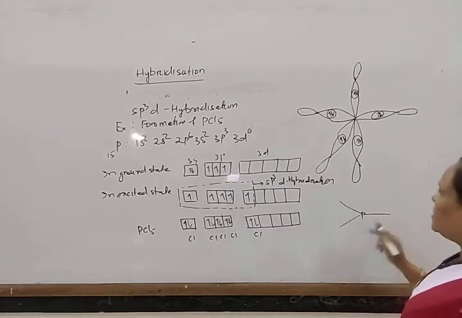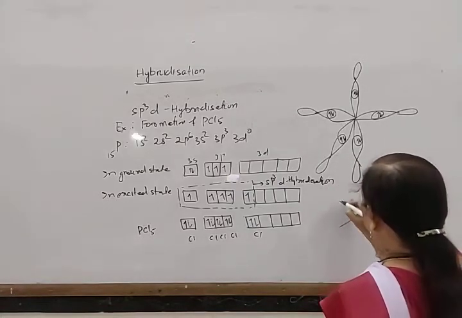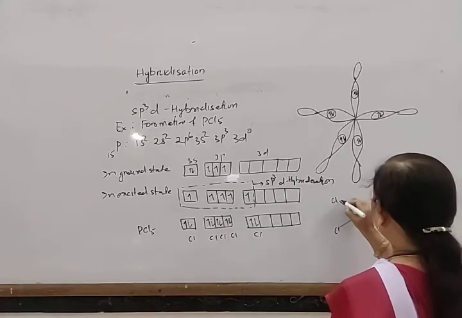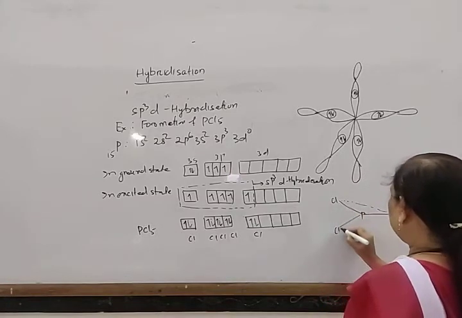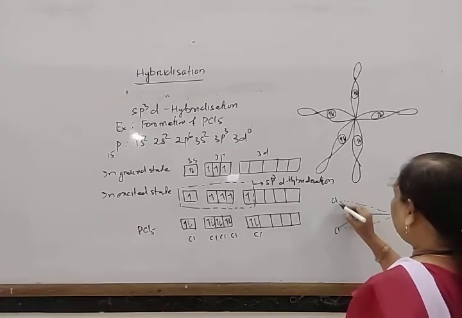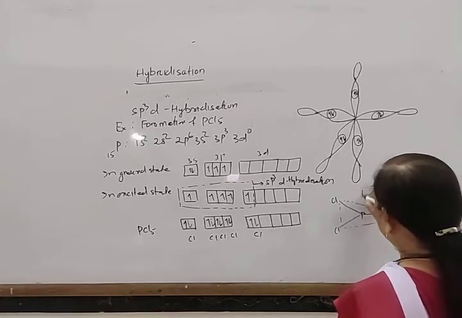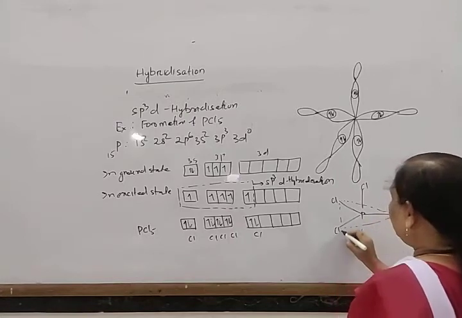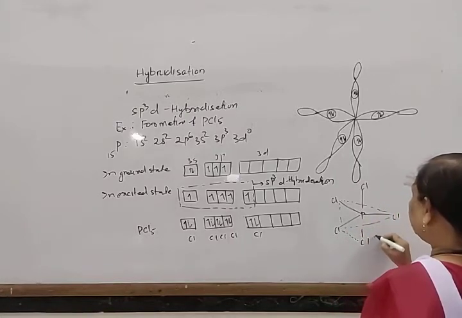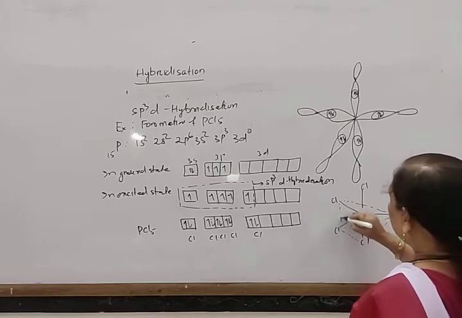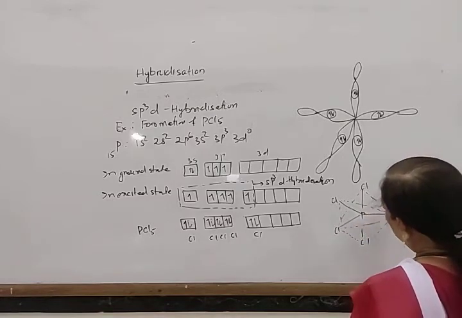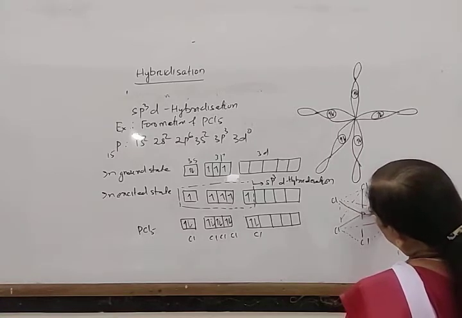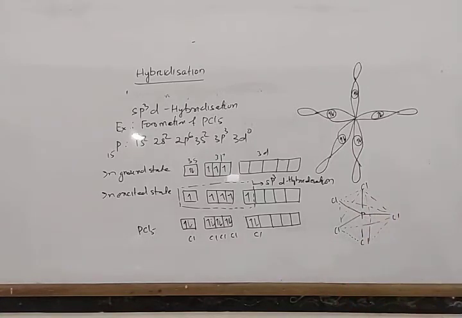At the center the phosphorus atom is there, and the chlorine atoms remain like this. So in this way it forms an equilateral triangle, and one remains above and one remains below. If we join all these points, then it gives you a trigonal bipyramidal shape like this.